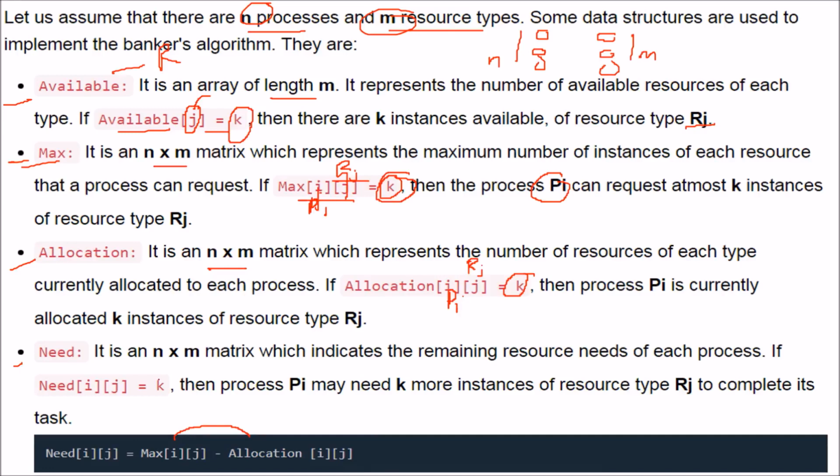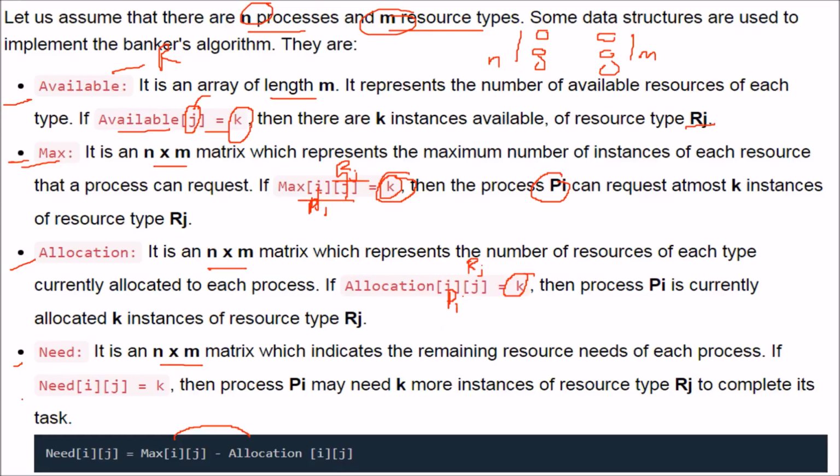What is need? Now need is again an n by m matrix. This indicates the remaining resource needs of each process. Some of them, the process has been allocated some resources. Now it would require more resources to complete its activity.